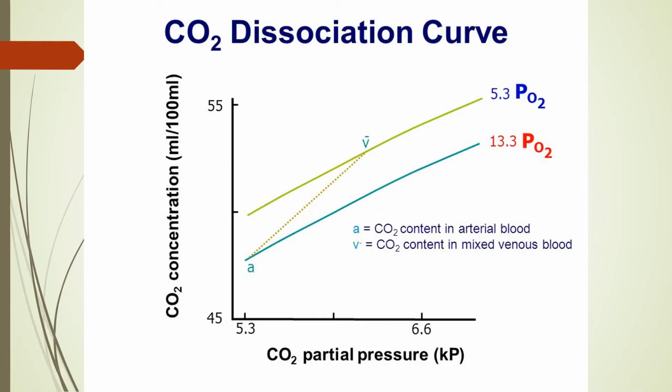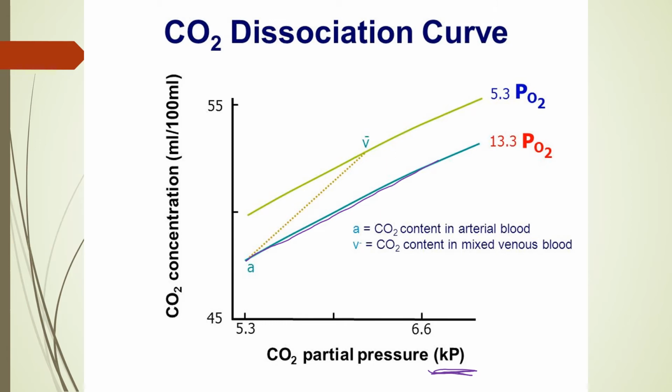So this is the sort of graph I like bringing up to show you guys the relationship between the CO2 dissociation curve. And now remember, this is in kilopascals, so it's a little bit different than millimeters of mercury, but I like to show it because it shows how linear this relationship is compared to the oxyhemoglobin dissociation curve, right?